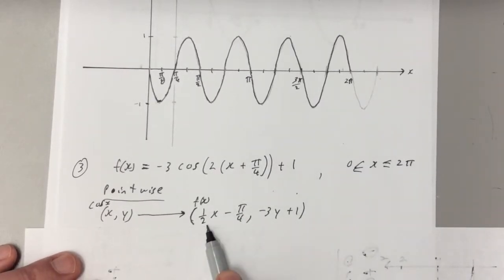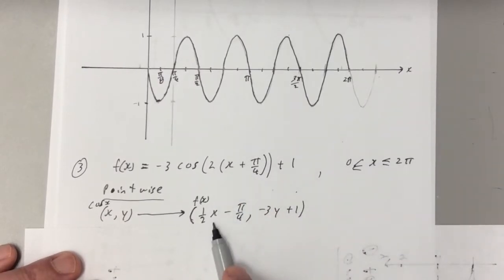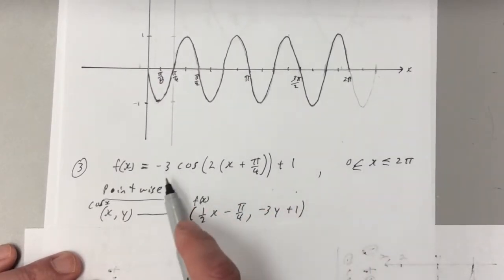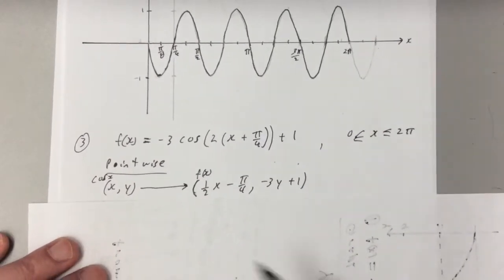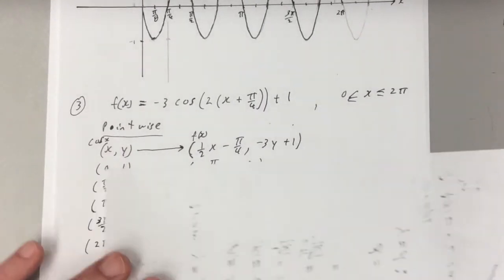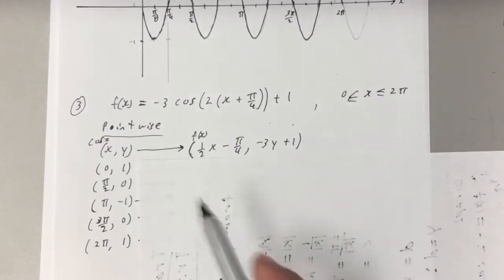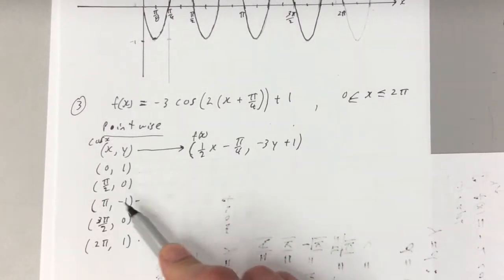So this becomes the formula: 1/2 times x minus pi over 4, so taken as the opposite of what it seems. And then for the y, you take it directly, -3y plus 1. So now you've got this formula, and you can apply that to all the key points of the cosine function. The key points of the cosine function are these: 0, 1, pi over 2, 0, pi, -1.